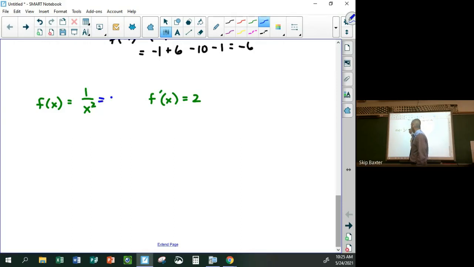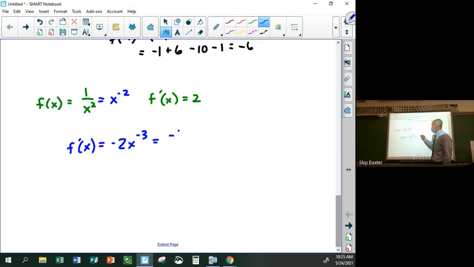This is really x to the negative 2. So its derivative, f prime of x, is negative 2x to the negative 3, which is negative 2 over x cubed. Any questions on that?